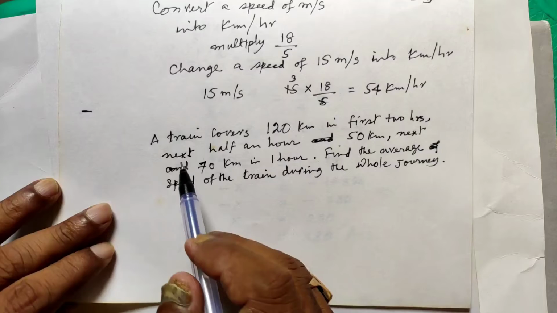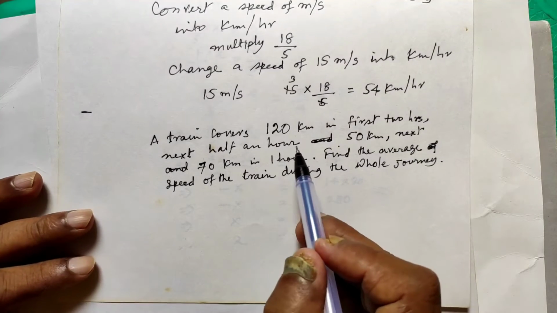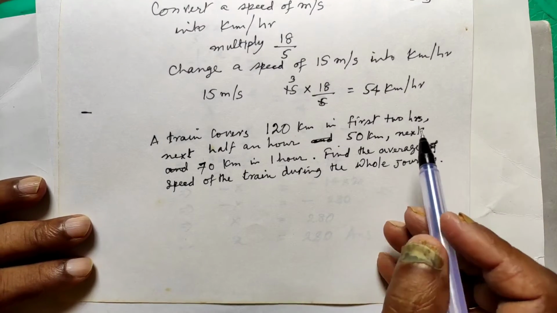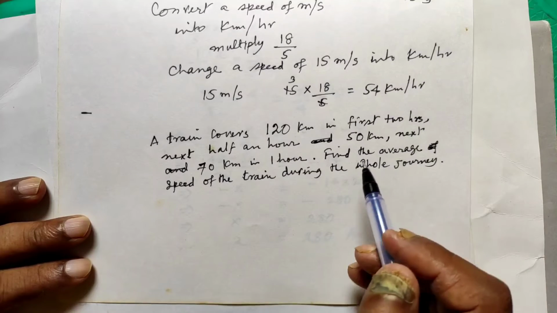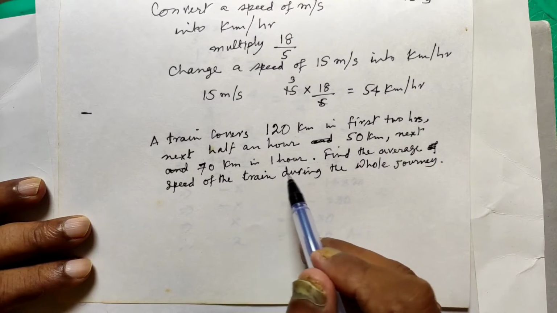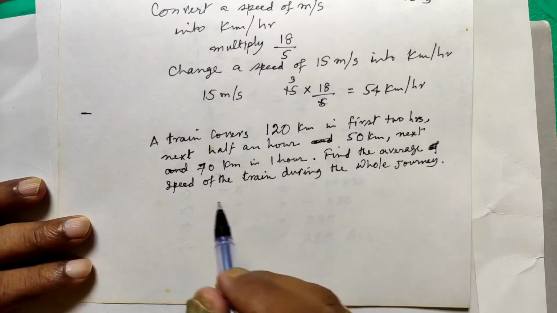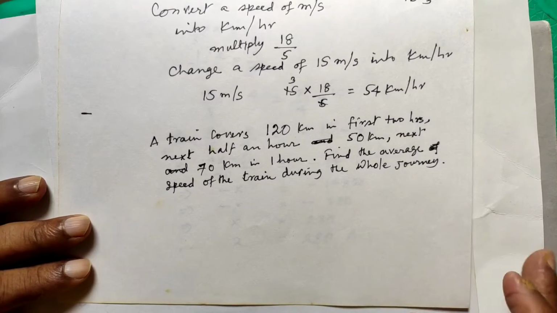So, here is the sum: a train covers 120 kilometer in its first 2 hours, next half an hour 50 kilometers, next 70 kilometers in 1 hour. Find the average speed of the train during the whole journey.